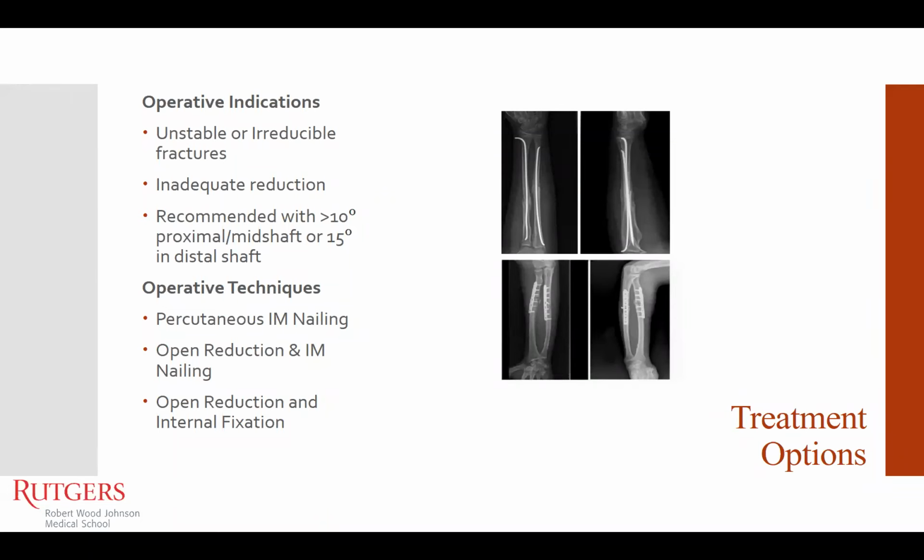The advantages to an IM nail: they're smaller incisions, you have little periosteal stripping, and less soft tissue injury. Some studies suggest less bone loss and less operative time. Disadvantages: you need a second procedure to remove the nails.